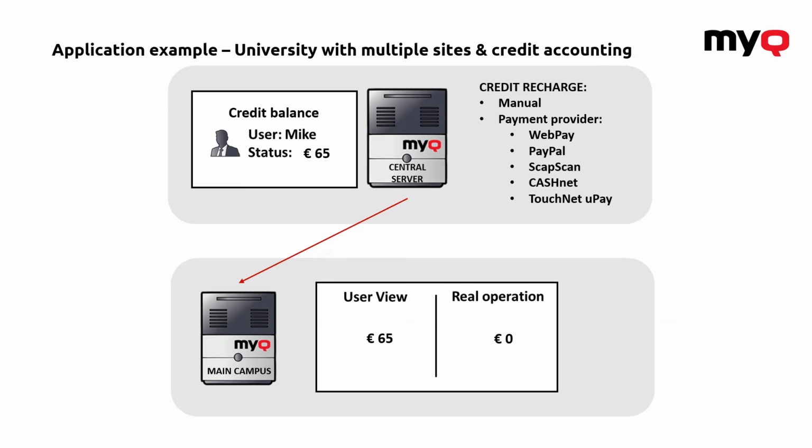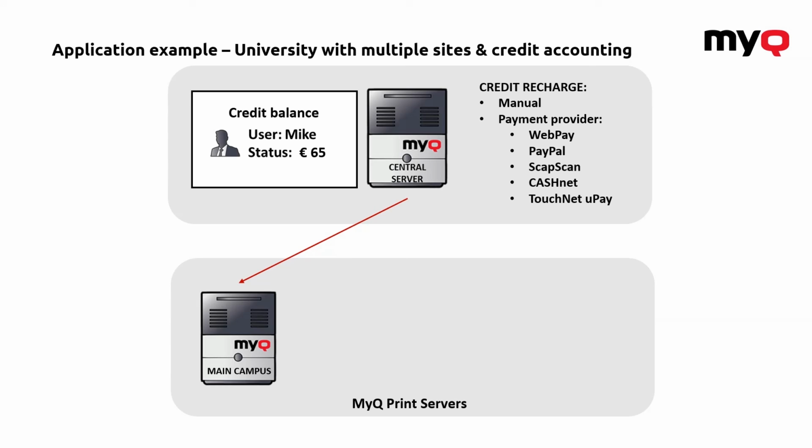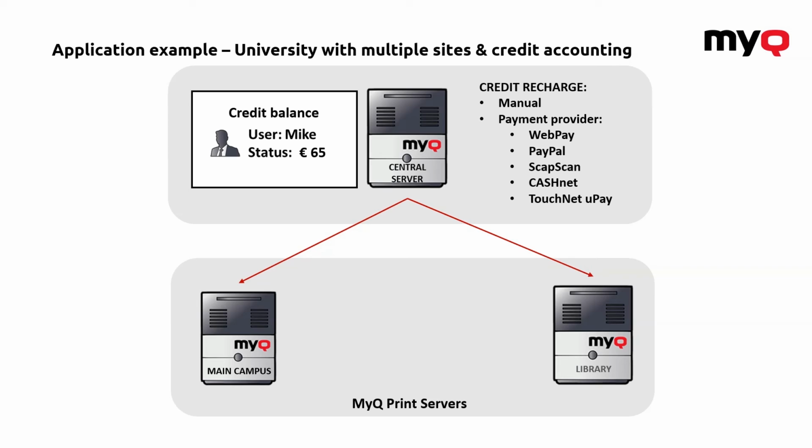So now the whole calculation is done and the user sees the balance both on the central and on the local side. Now, why is this so complicated, like I said. Imagine that we've got a friend and we just want to try to bypass this and get a little bit more than is allowed. So another user would connect to the library and try to print and copy and scan as well.